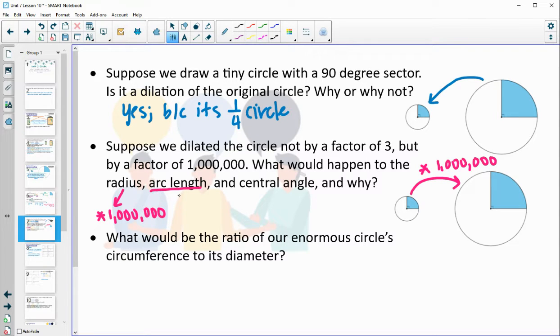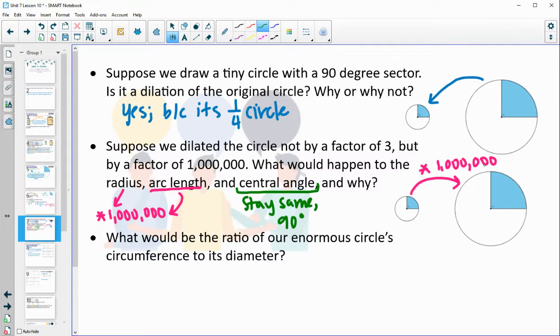So would the arc length, because it's just a length. So that arc length would be 1,000,000 times bigger. The central angle would stay the same. In this case, it would still be 90 degrees, because angles don't change in a dilation. Lengths change by a factor of K, or the scale factor.